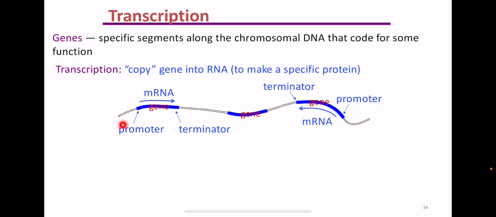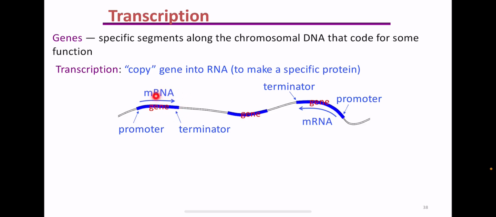Another notable thing about this is you realize this is a two-stranded molecule. I don't know if I've mentioned this, but either one of the 2 strands of a DNA can serve as a template for the transcription or synthesis of mRNA. So either the strand at the top or the strand at the bottom can be used as a template for mRNA synthesis.